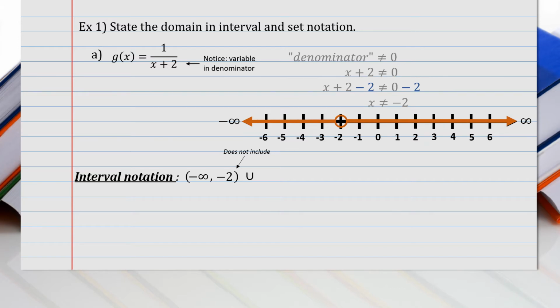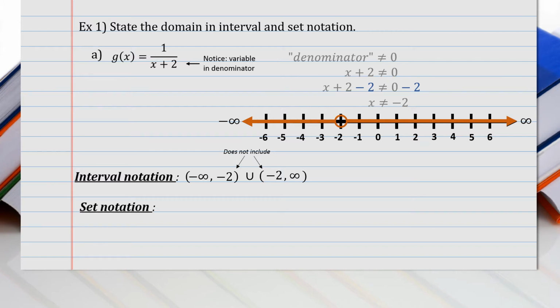It means there is a jump in our coloring, or there is a gap in our shading. It means or. And we pick back up on the other side of -2. But again, I cannot include -2, so I must use a parenthesis. And I continue shading to the right on my number line all the way until infinity. And whenever you have infinity, you must always use parentheses. So that is your interval notation.